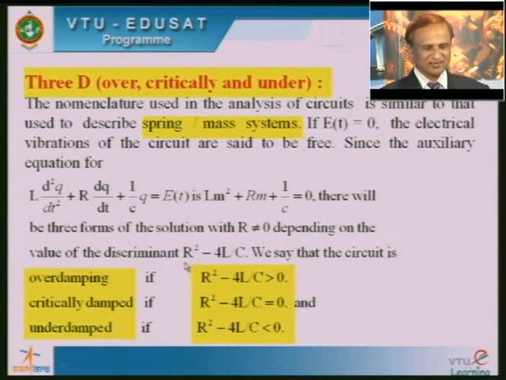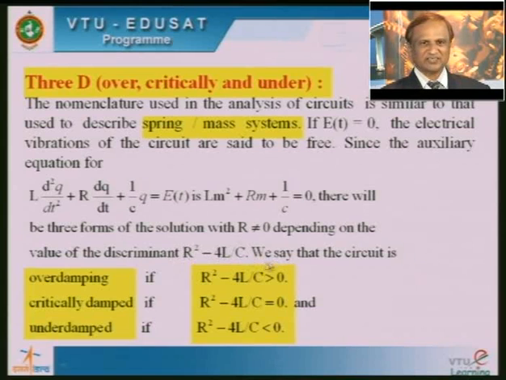Here I am saying R square minus 4L by C. Depending upon the equation, the discriminant may change. Is it clear? According to our equation, here I can obtain the value R square minus 4L by C. The total value I may call the value of the discriminant. So it may be less than 0, equal to 0, or greater than 0. According to that we can declare.